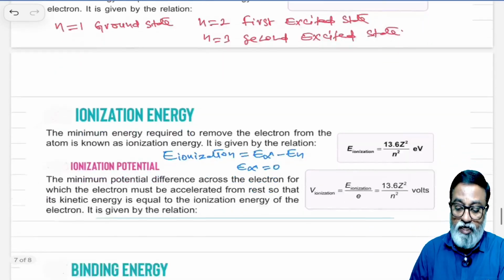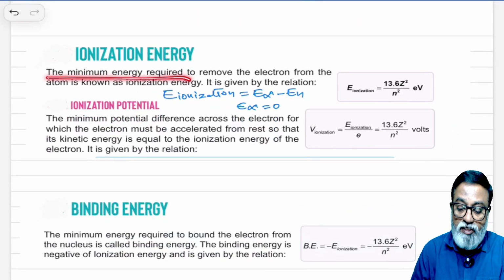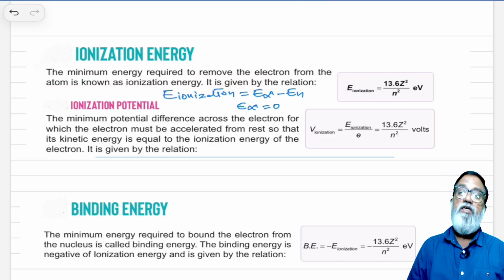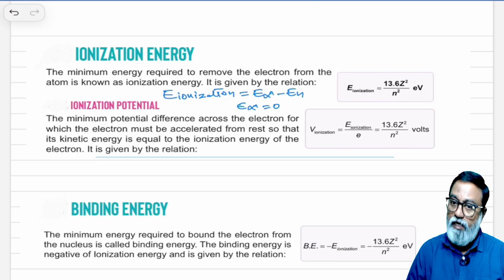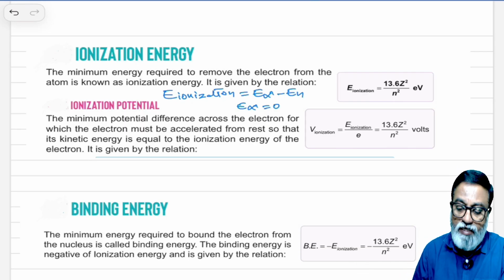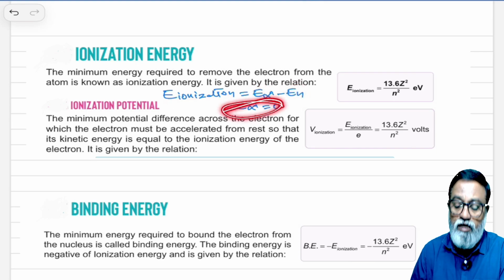This is excitation energy. What is ionization energy? The minimum energy required to remove an electron from an atom is known as ionization energy. For example, if the electron is in any energy level and you want to remove it to infinity, the energy needed is nothing but ionization energy. Therefore, ionization energy is E infinity minus En. Generally, at infinity, energy is 0.